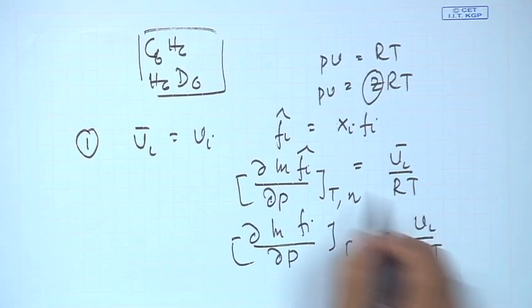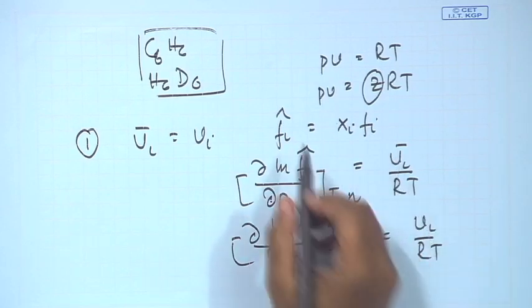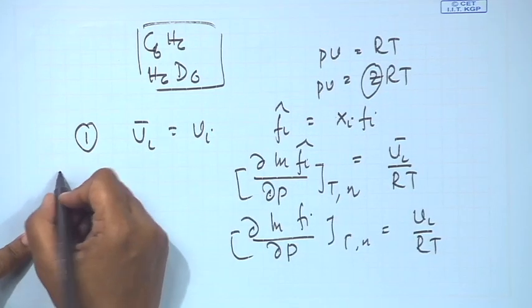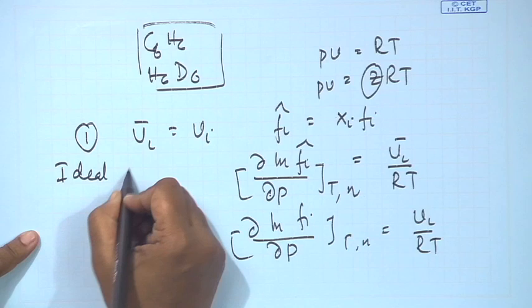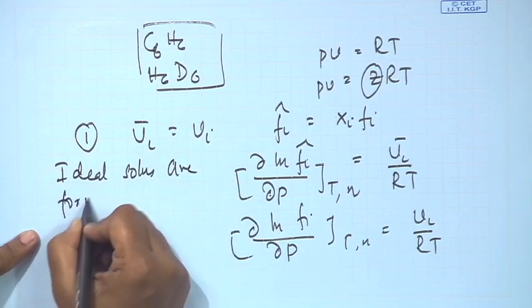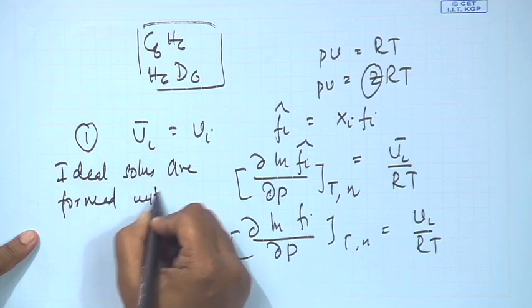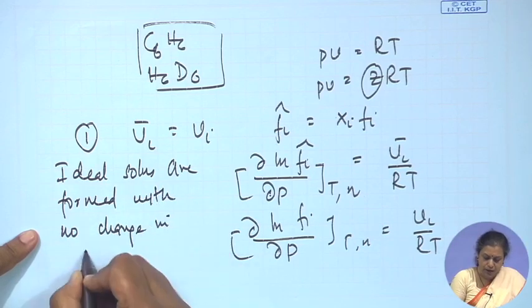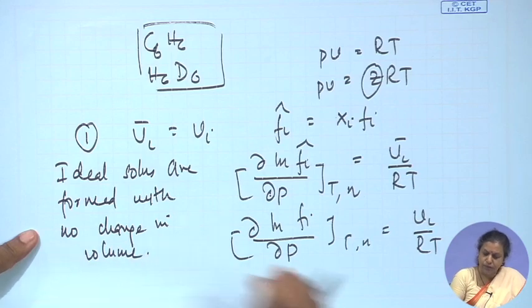So, we know that if V_i bar equals V_i, from there we got the equation. So, the first property is that ideal solutions are formed with no change in volume. There is no change in volume when ideal solutions are formed, right. What are the other properties? We will be discussing the other properties in the next class.